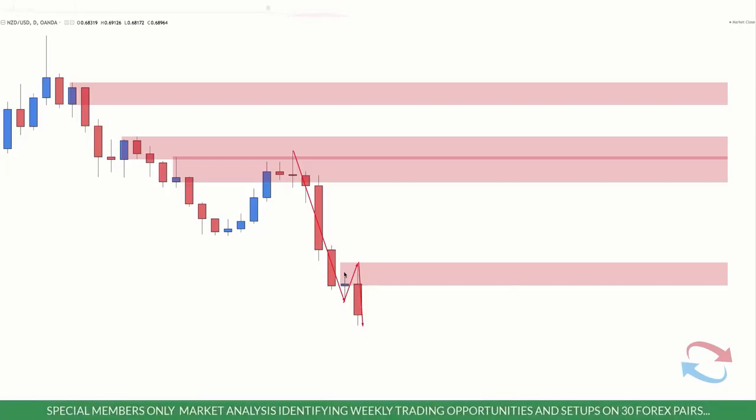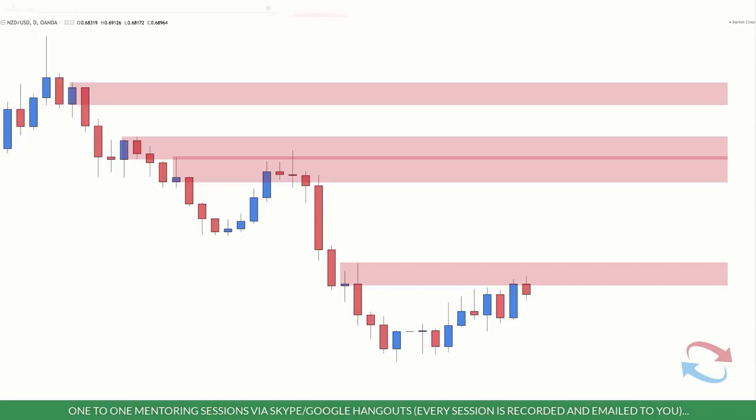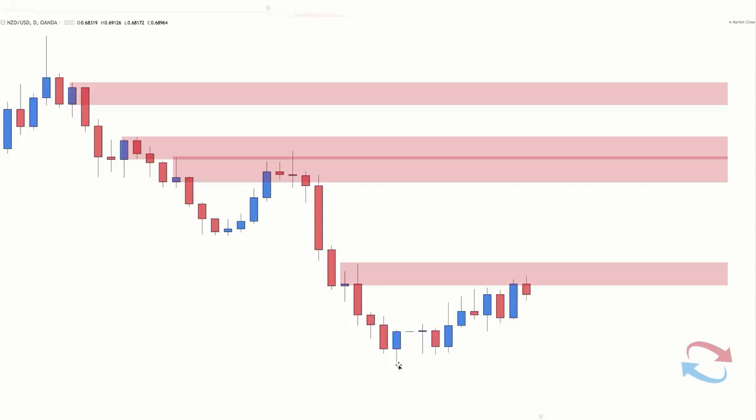So now this is our supply zone, because we made a bearish low after this bullish candle. Prices come back to this area here. So let's focus on this area now, right? So we've got a bullish candle, right?